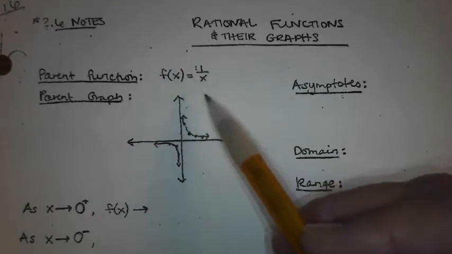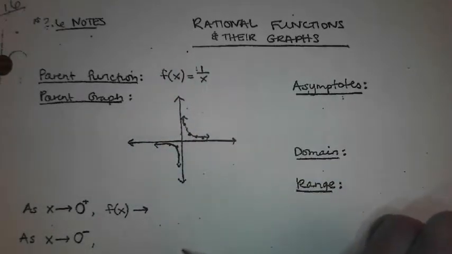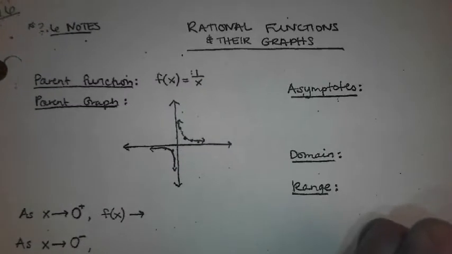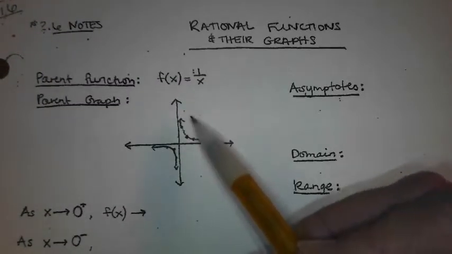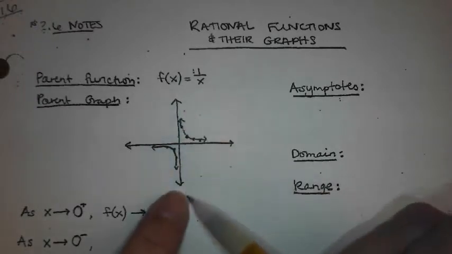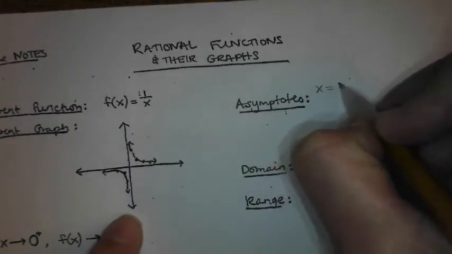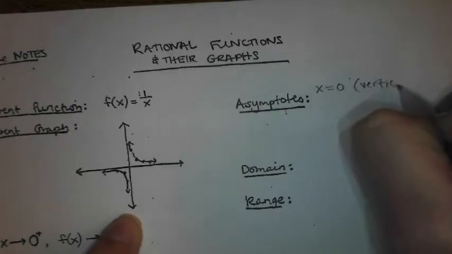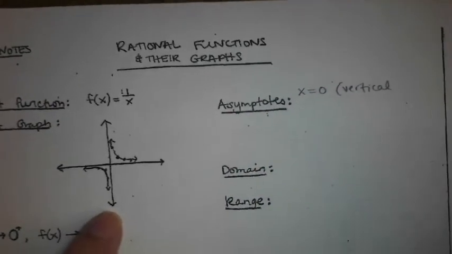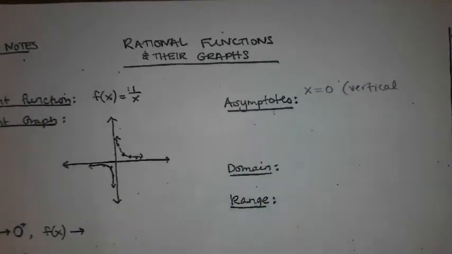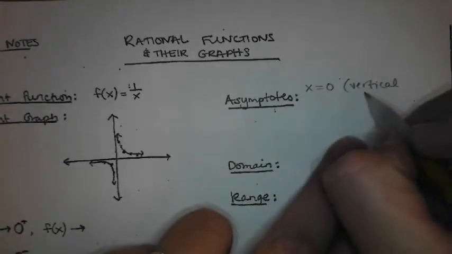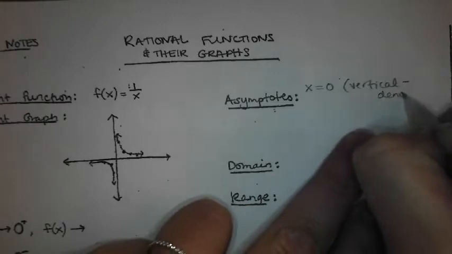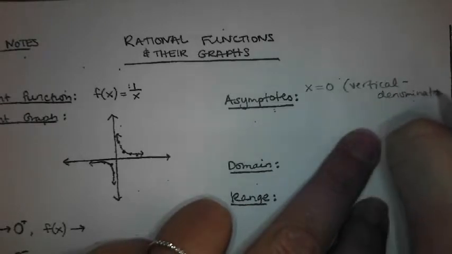Rational functions always have two asymptotes. They can have more, but at least two. So here's our parent graph. We have a vertical asymptote at x equals 0. Now, vertical asymptotes always come from the denominator's zeros.